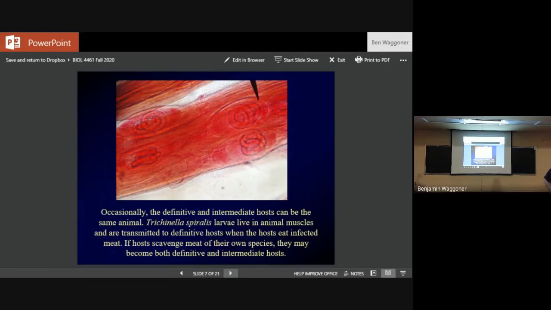There are cases where you can have the same species be definitive and intermediate host. What you're looking at here is some muscle, some meat, muscle fibers, and inside the fibers you have these oval things with little coiled up spirals inside. These are the larvae of a roundworm called Trichinella.